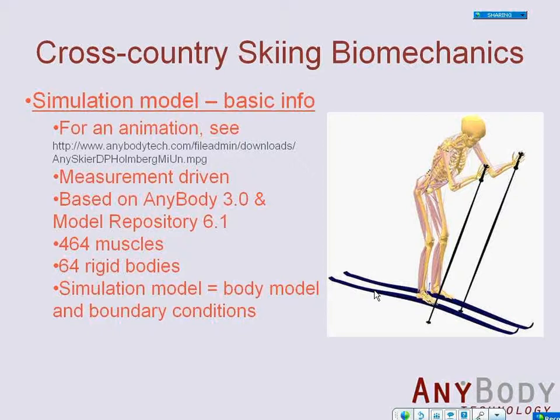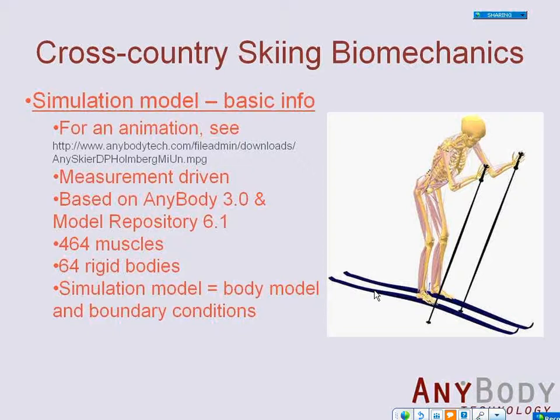I think it's worth pointing out that this simulation model is driven. That is, I use experimental full body motion data as input to the simulation. It's based on AnyBody 3.0, the latest version of the software so far, and the model repository 6.1. 464 muscles, 64 rigid bodies.